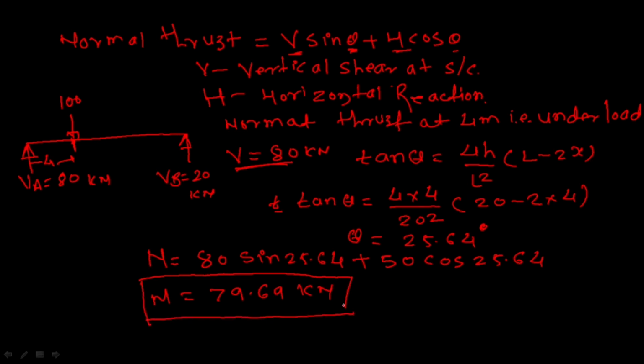The next is the radial shear. The formula is V cos theta minus H sin theta.